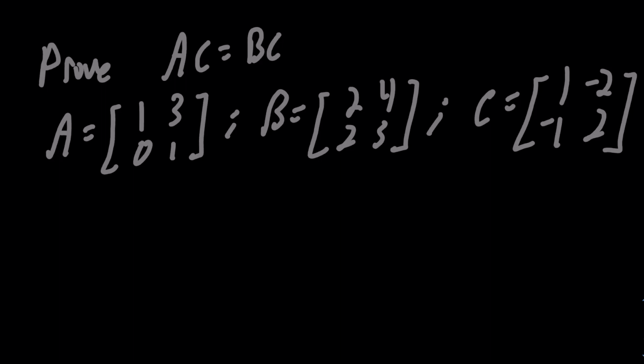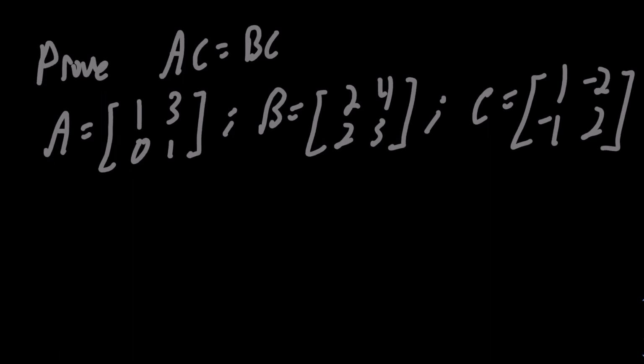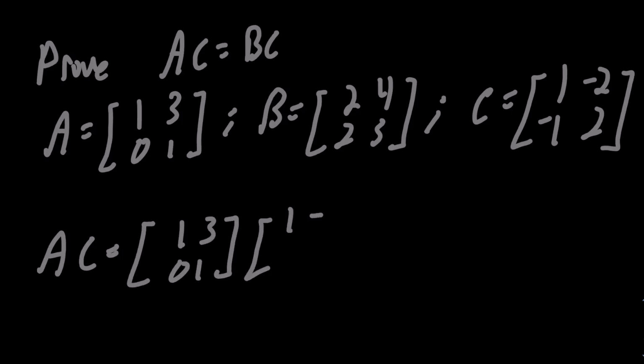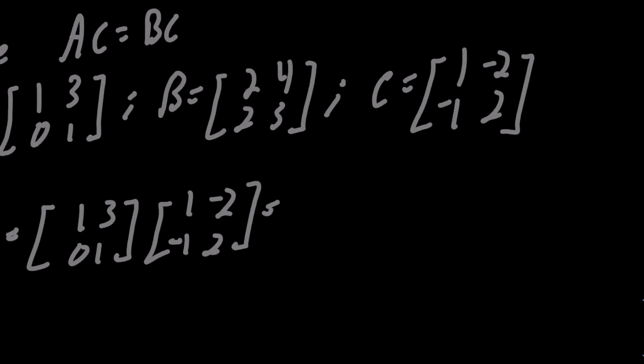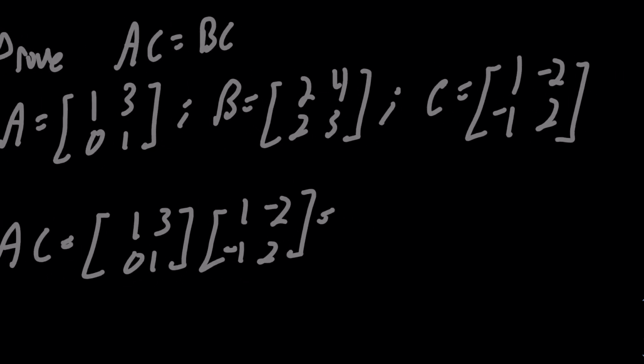So, let's confirm that AC is equal to BC. We have matrices A times C, which is equal to 1, 3, 0, 1, times the matrix 1, negative 2, negative 1, and 2. If we multiply the two matrices, we get negative 2, 4, negative 1, and 2.